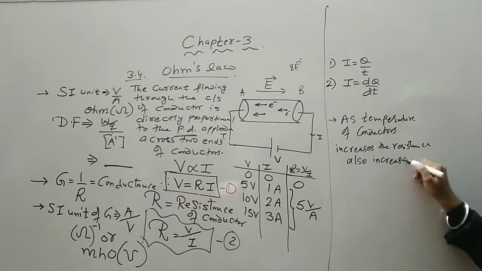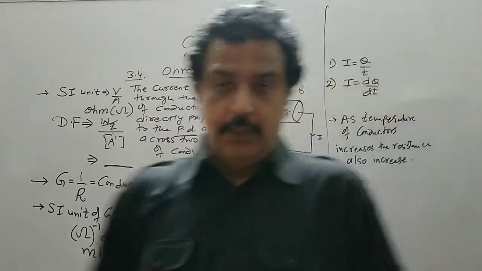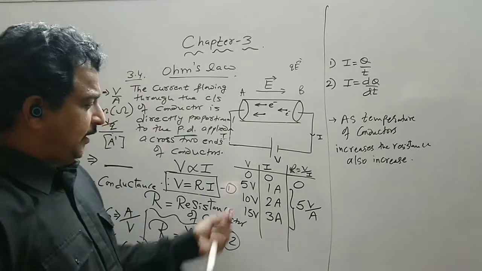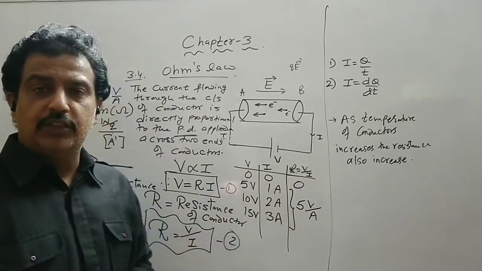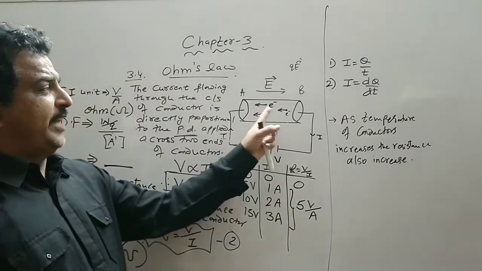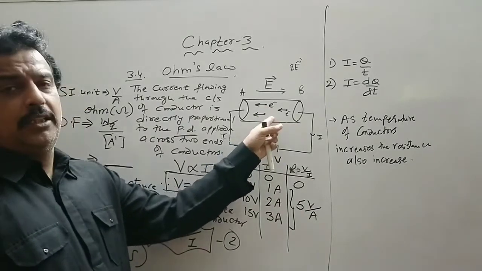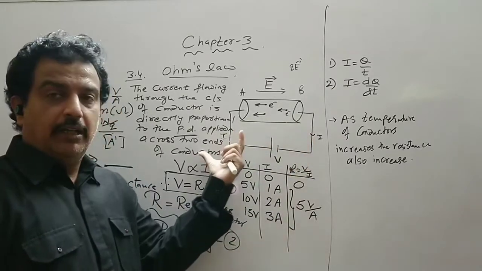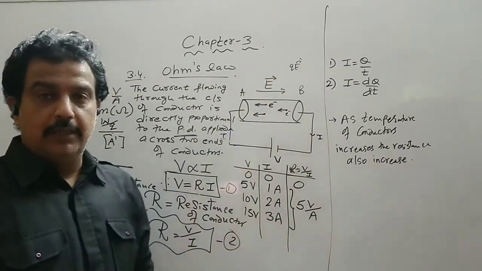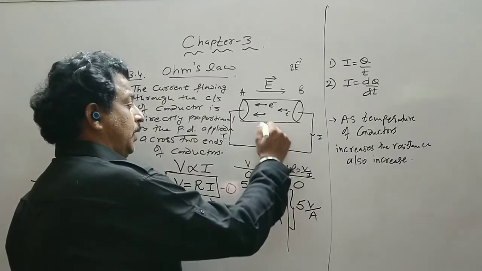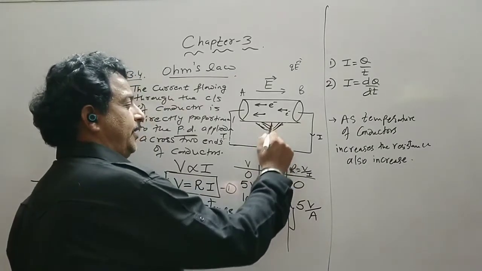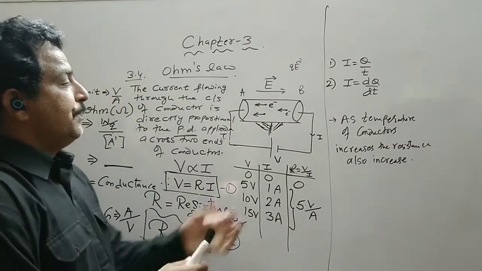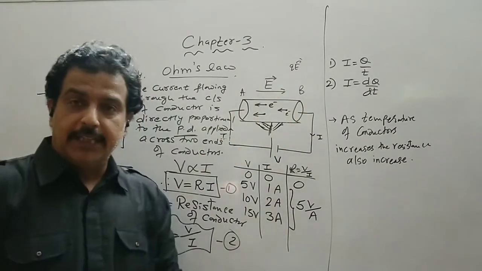So we will see that suppose the battery is connected, say 5 volt and 1 ampere of current is flowing. Now there is a force acting on it inside the conductor. The electrons are accelerated in the direction opposite to the electric field, and the force acting is QE. Now suppose I start heating this conductor, or I increase the temperature of the conductor.